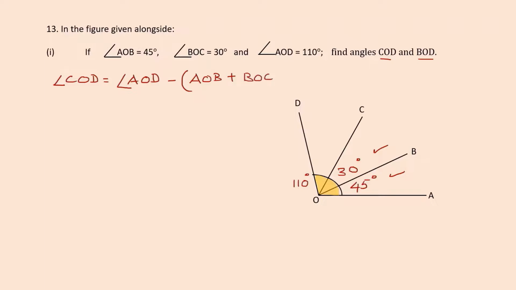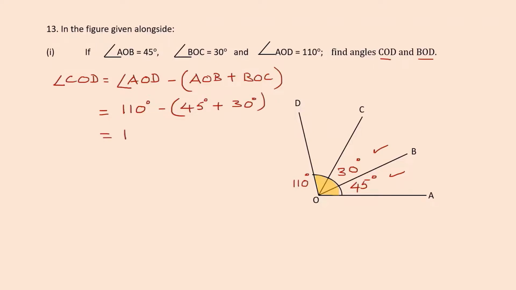So if I take away these two, I will get COD. So let me substitute the values. Angle AOD is 110 degrees minus angle AOB is 45 degrees and BOC is 30 degrees.